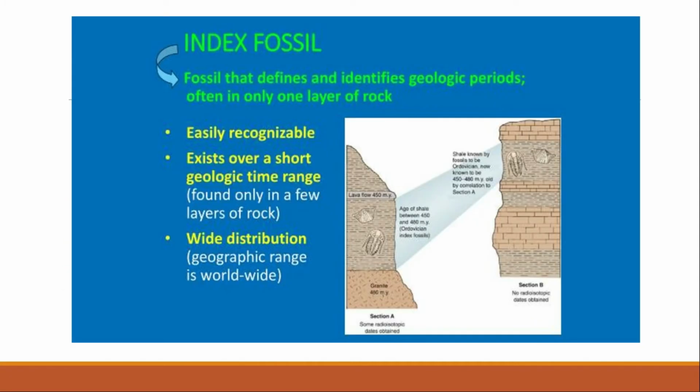Alright. Now, in this slide, let's have a look at what index fossils are. As we have already seen, they are fossils that define and identify geological periods. How do they define it? Because they existed for a short geological period. A fossil A existed for 300 million years, so this time scale can be defined by this fossil. Now, what are their characteristics? They are easily recognizable, they exist over a short geological time range, and they are widely distributed.